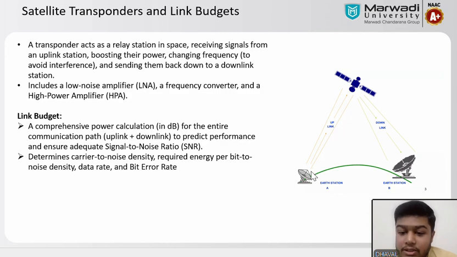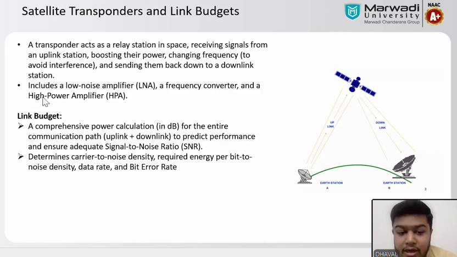Because the distance is very long, we need a high power amplifier to send the signal. We are sending data over a very large distance, and we need something so that it can reach the relay satellite.